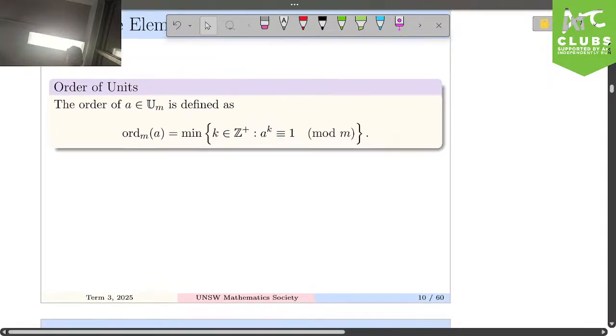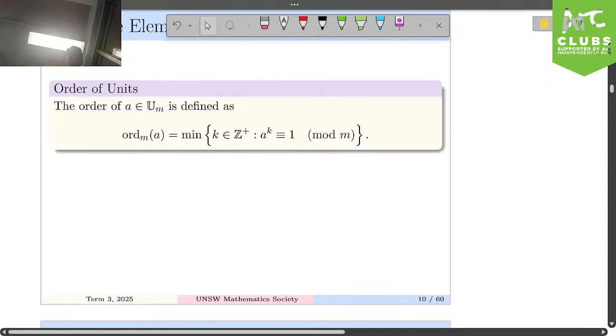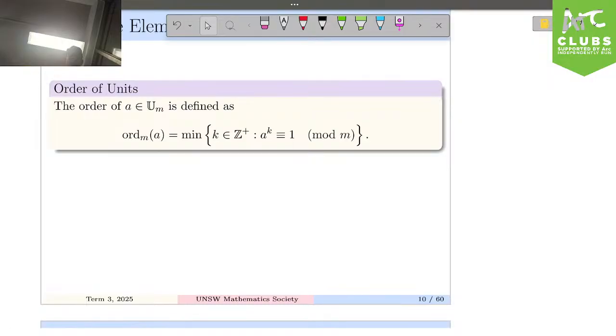Order of units. The order of an invertible element is the number to which we have to raise the invertible element in order to get 1. So a to the k is equivalent to 1. This k is what we call the order of a. And it's the minimum such number.